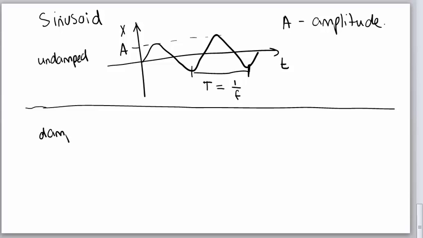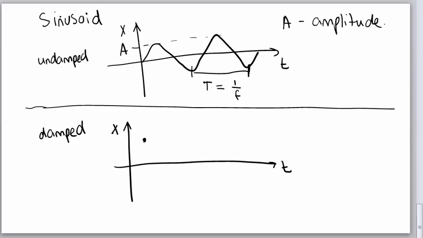The system could be damped, and in that case we're plotting a very similar plot in time with a displacement x, and the maximum displacement starts at A, let's say, but as the system oscillates, the amplitude of the oscillations gets smaller and smaller in time as friction and other forces act upon it.